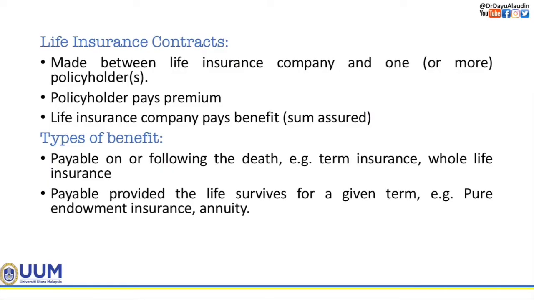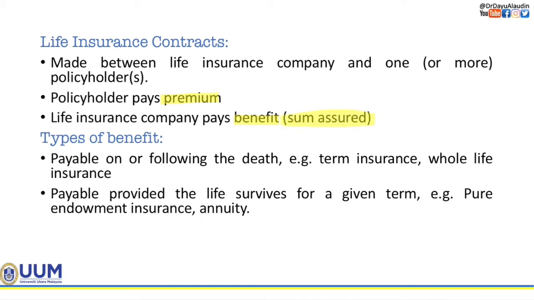Life insurance contracts are made between a life insurance company and one or more policyholders. So the policyholder pays premium and the insurer pays the benefit, or we call it the sum assured.